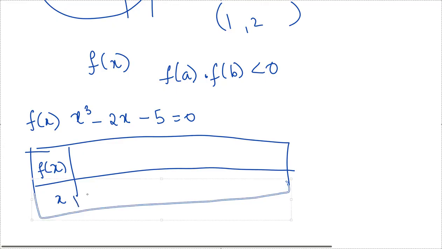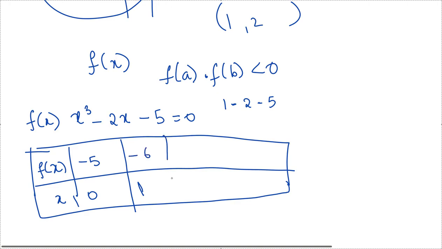What if the x value is 0? What do we get? 0 minus 0 minus 5. It is minus 5. What if x value is 1? You get 1 minus 2 minus 5. What is it? 1 minus 7, which is minus 6.